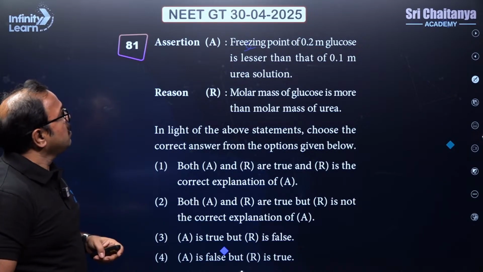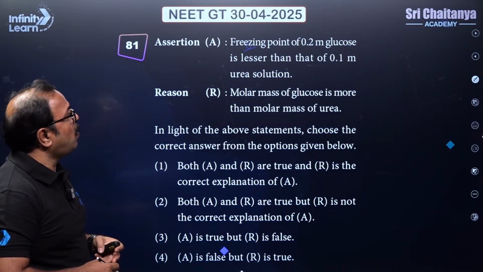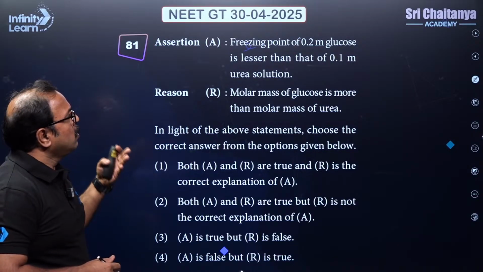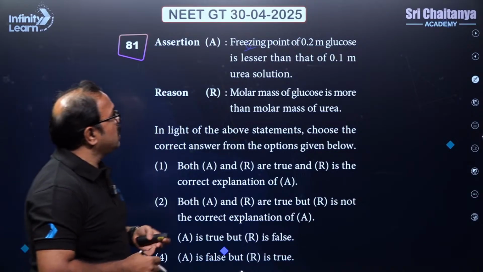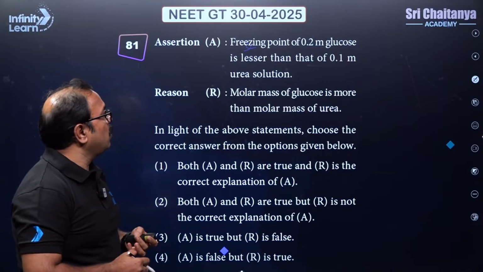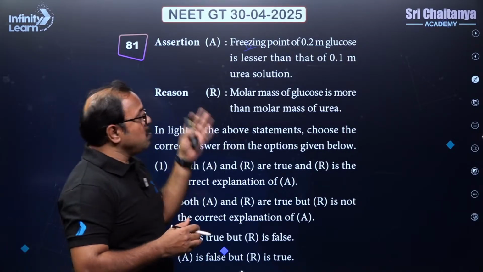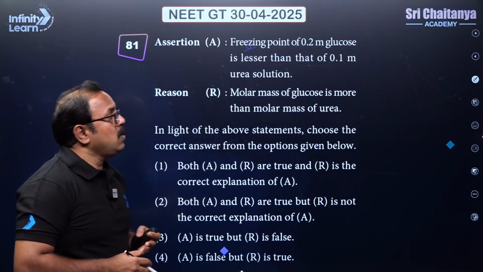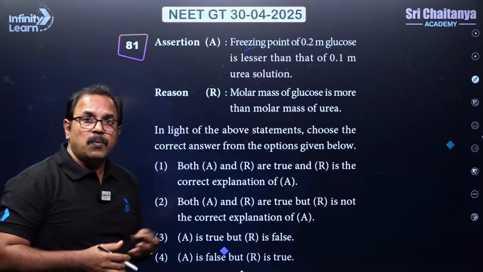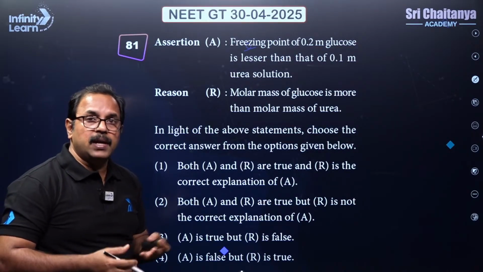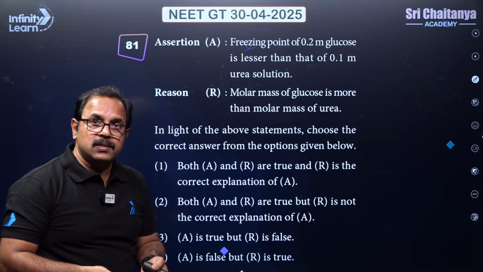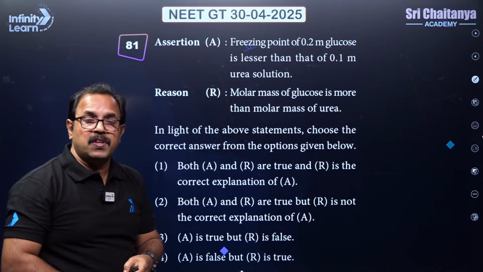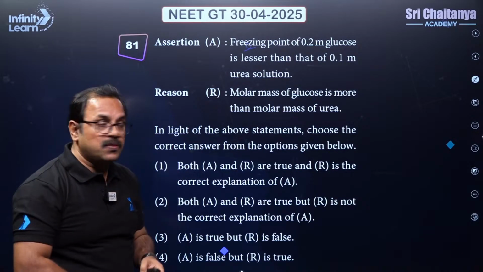Coming to the next question: the freezing point of 0.2 molar glucose is lesser than 0.1 molar urea solution. Freezing point depends upon the number of particles, it definitely gets influenced. If you have more particles, you have more depression in the freezing point, so the freezing point will be lesser.